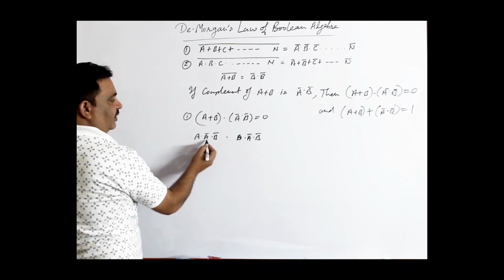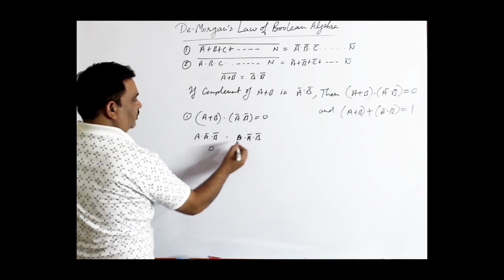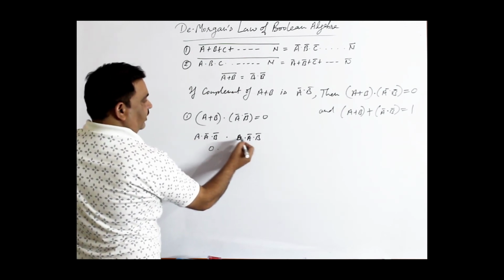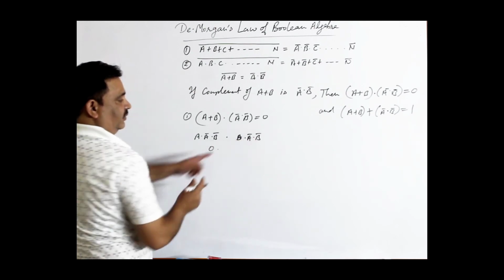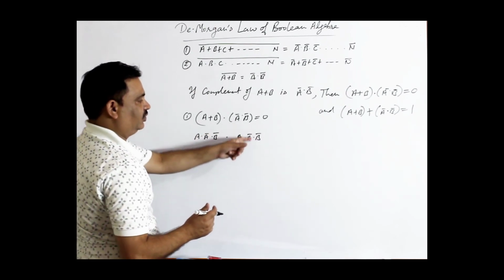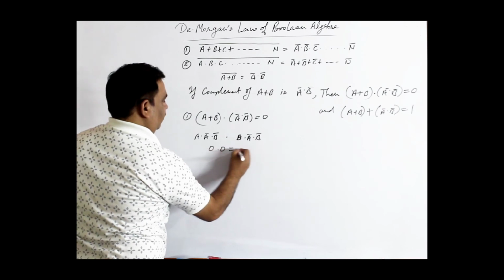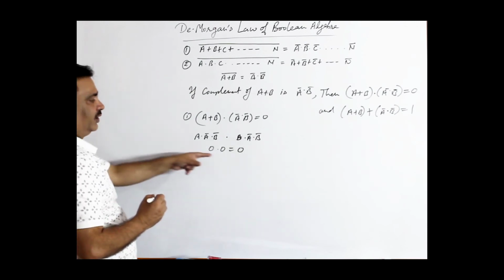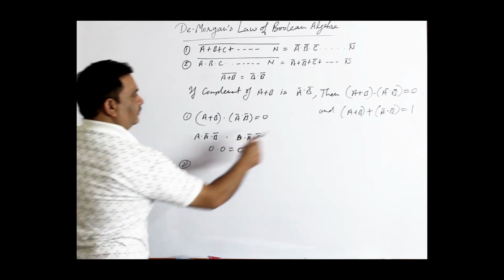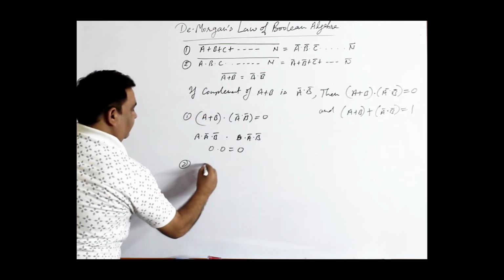A dot A complement is 0, and 0 dot B complement is 0. In the same way, B dot B complement are in a single term, so 0 dot A complement is 0. So the product is 0.